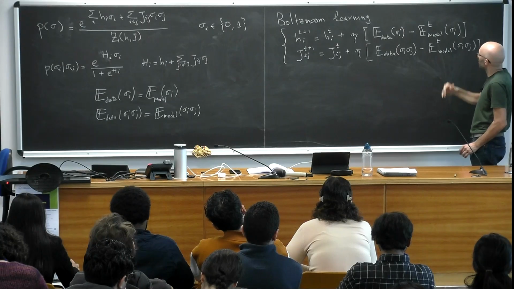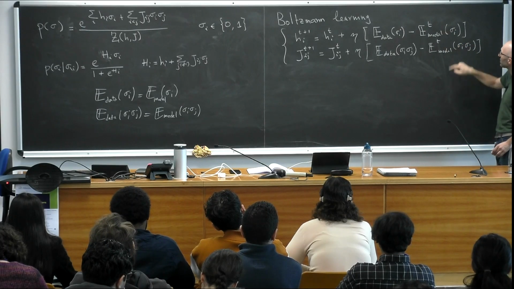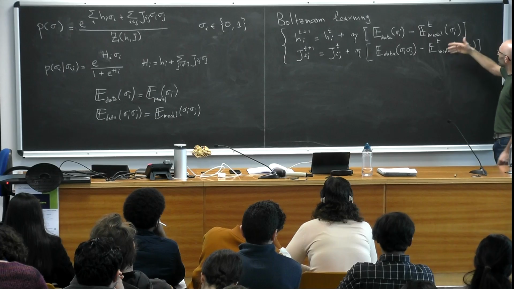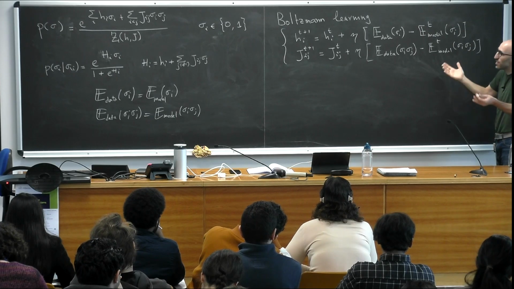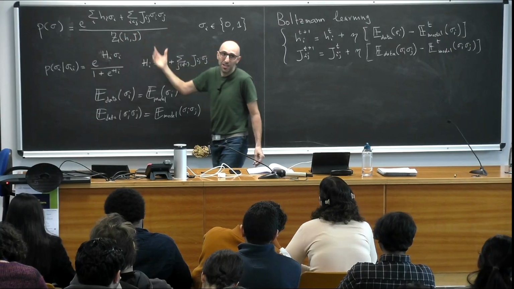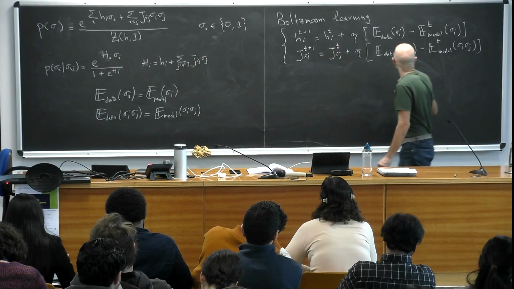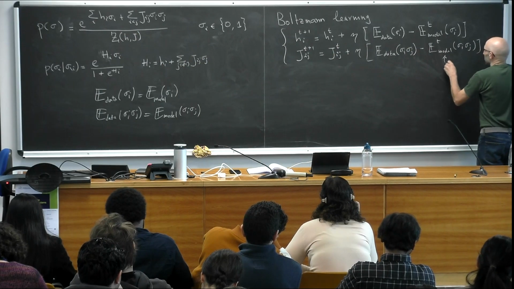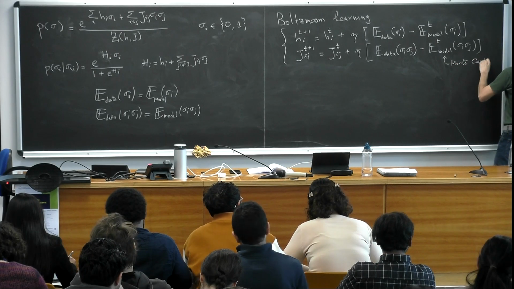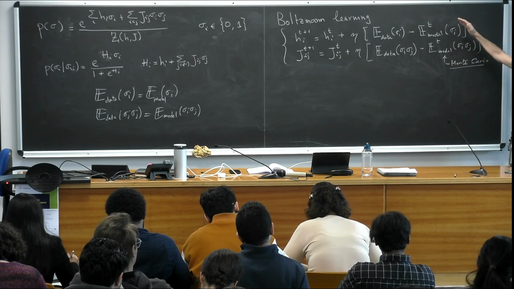But the problems are that you have to compute these two quantities. And to compute these two quantities, as you know, you cannot compute magnetizations and correlations for an arbitrarily complicated Ising model. So you have to do Monte Carlo. So you will need Monte Carlo sampling to compute these things.